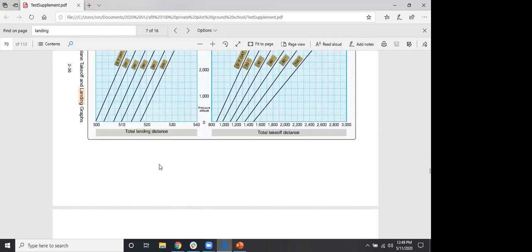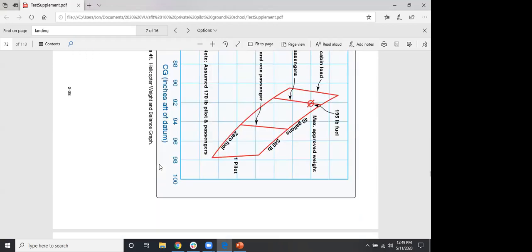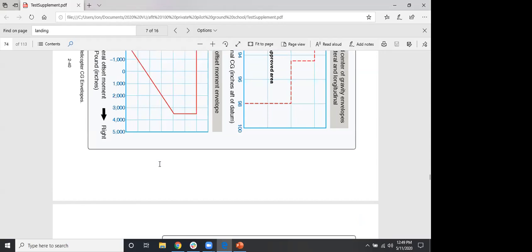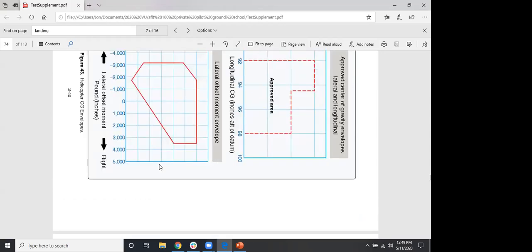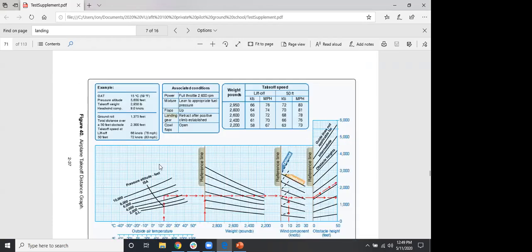So there's a gross weight of 2,400. It was a standard temperature, and pressure altitude was 10,000 feet.